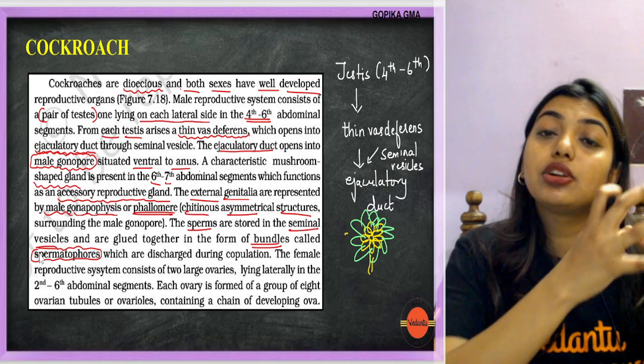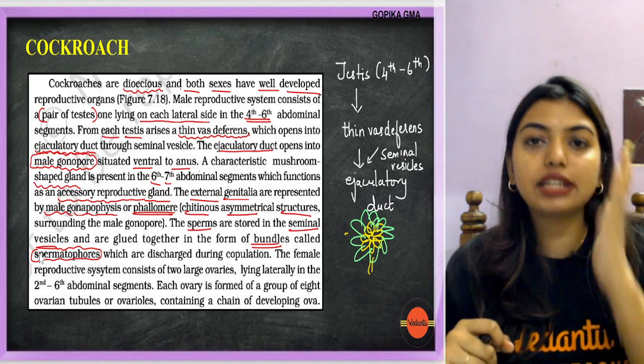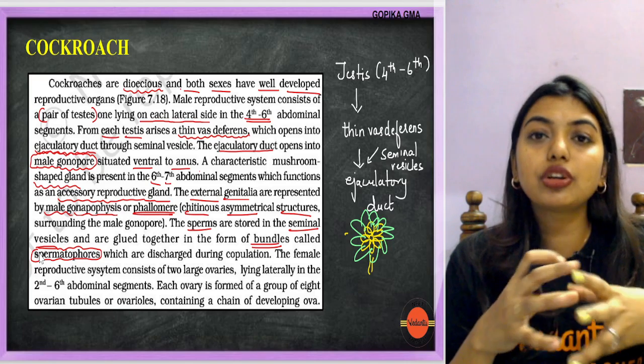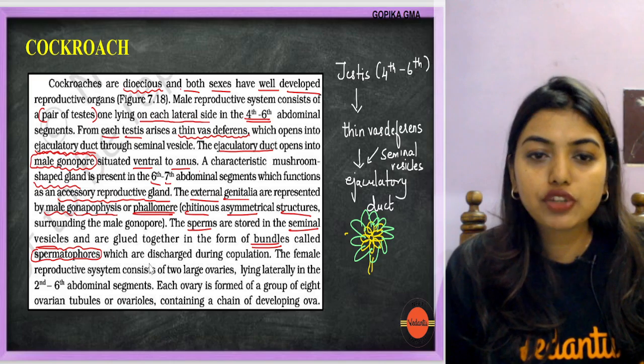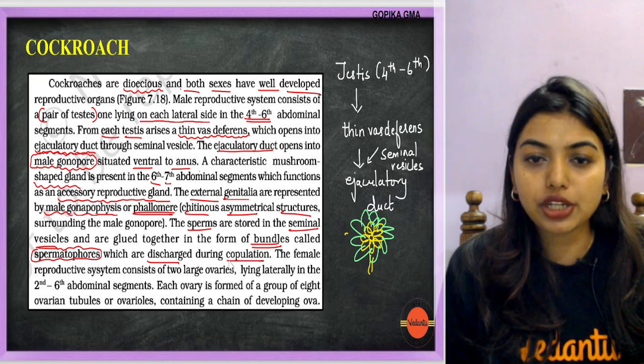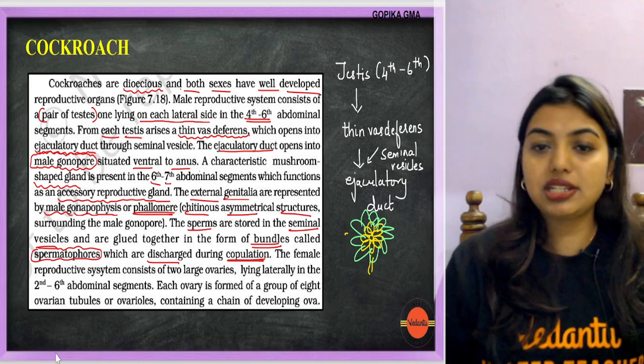This bundle is going to be collected by the female, so you have to be clear that the sperm comes in the form of a bundle or a packet. The spermatophores are discharged during copulation, so the entire packet is discharged.